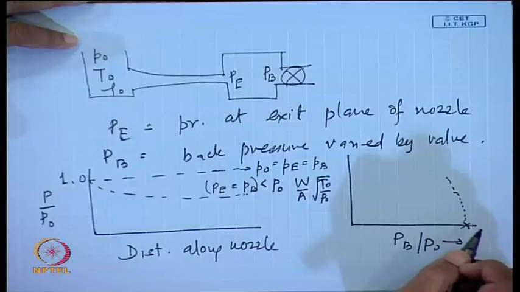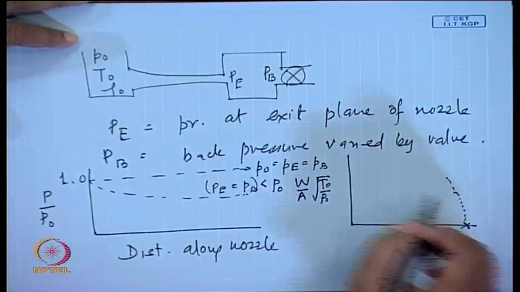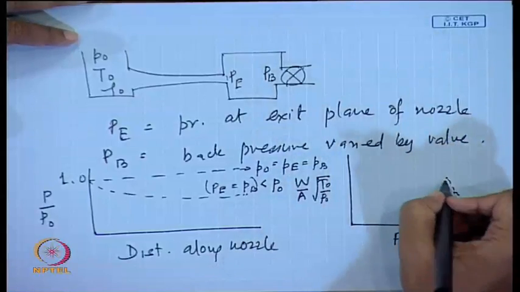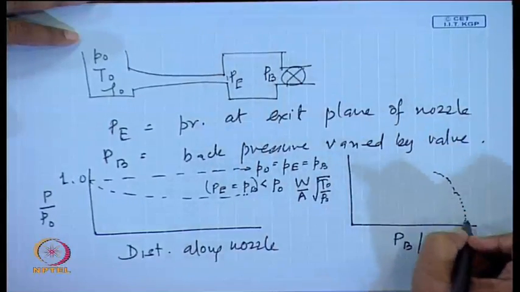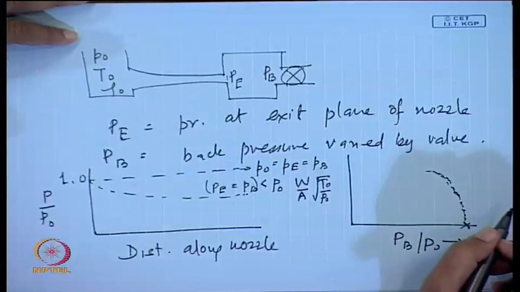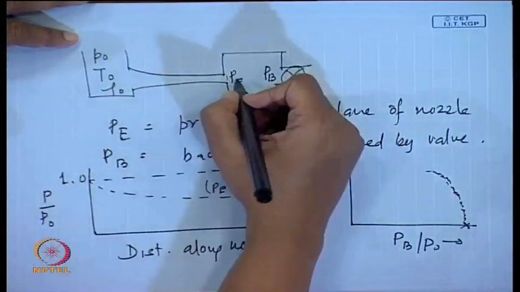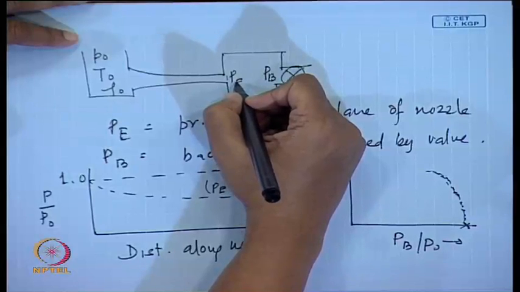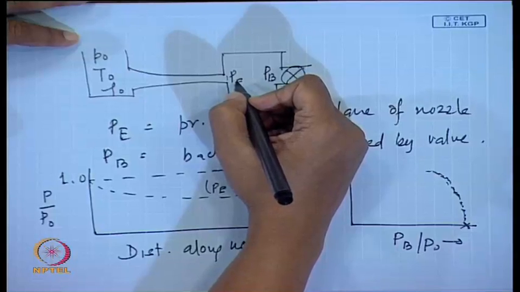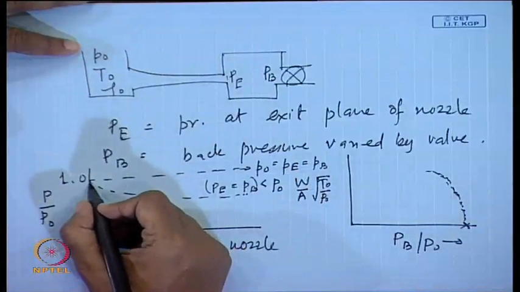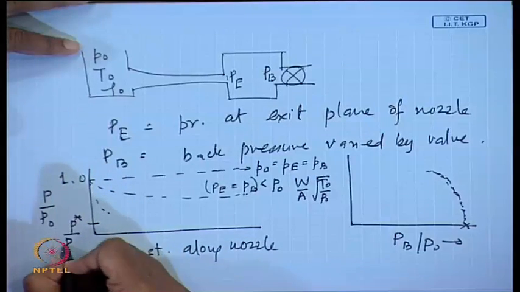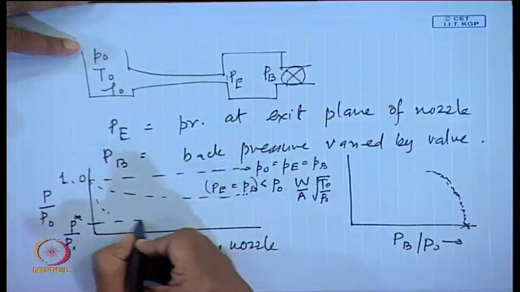Now, this continues till we obtain choked flow conditions. When we keep on reducing the pressure, we find that the flow rate keeps on increasing. So this goes on till the pressure here is under choked flow. Choked flow means we denote the properties by means of asterisks. So this continues till we get P star by P0.